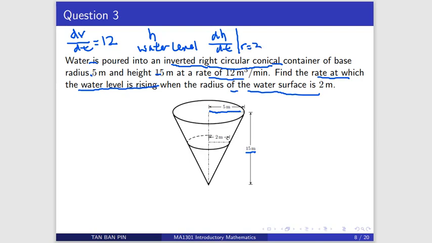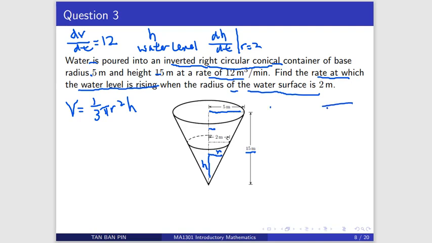So first you must know that the volume of a right circular cone is 1/3 pi r square h. So you must have a relation between r and h. Let's say here is r and here is h, you can look at similar triangles.